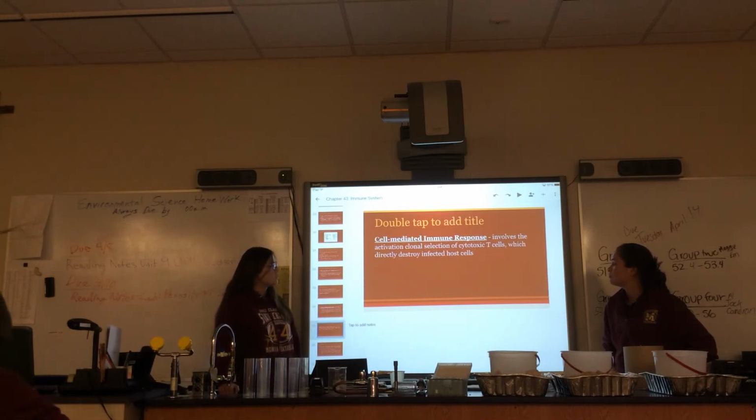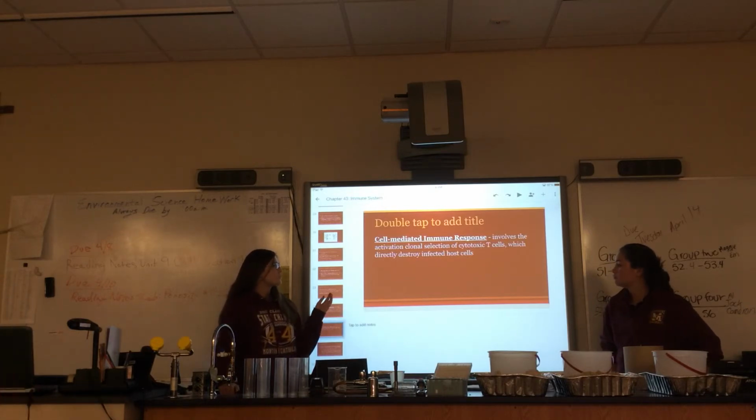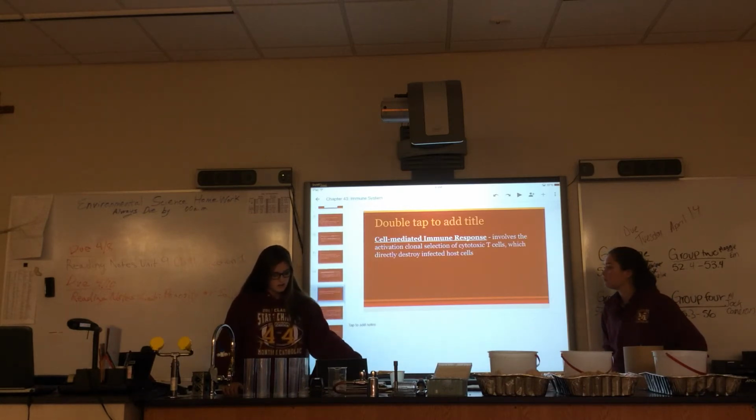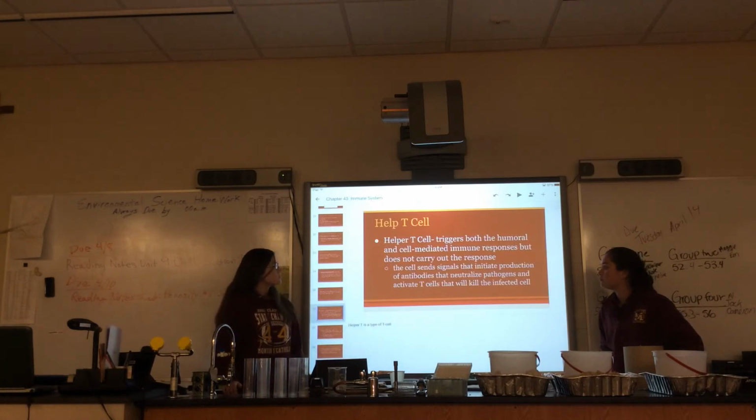The cell-mediated response involves the activation and the cloning of the cytotoxic T cells, which directly destroy the infected host cells, unlike the other response. To do this, they need the helper T cell, and that triggers both the humoral and the cell-mediated. What is the word? Mediated means it brings it about. Okay. It makes it happen.